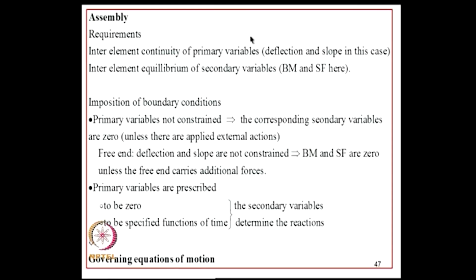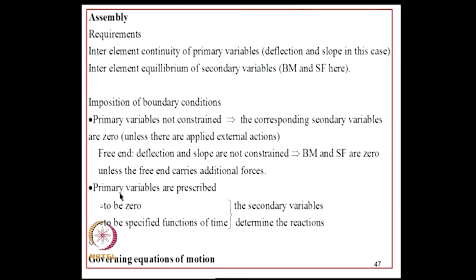We need not discuss this in greater detail because we have already seen how to do these things. Then, imposition of boundary conditions: if primary variables are not constrained, the corresponding secondary variables are 0. For example, at a free end the translation and rotation are not constrained, therefore the shear force and bending moment would be 0 unless you have externally applied actions at the free end.